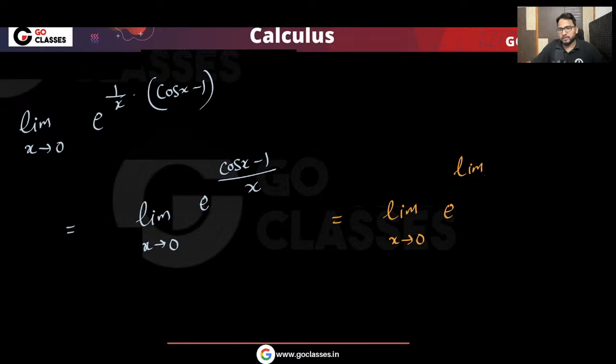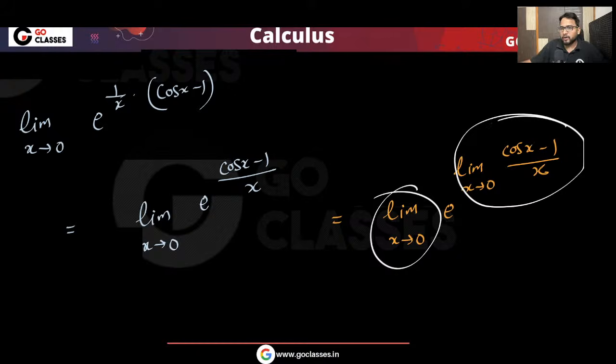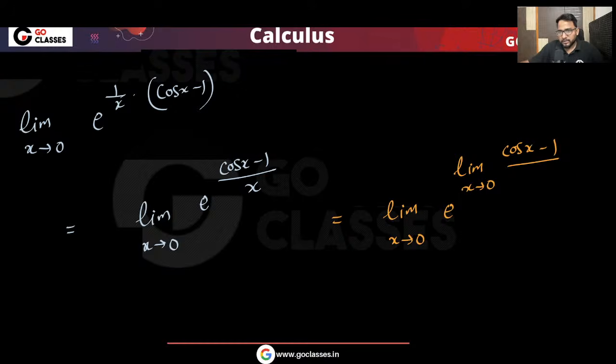It doesn't matter because you can take the limit any number of times. Anyway, do you require it here? Can anyone tell me? Because there is no x term. I mean, the x term is only here. So if you are going to solve this x with this, then why do you need it here? But anyway, if you want, you can write it. Okay, this is cos x minus 1 upon x.